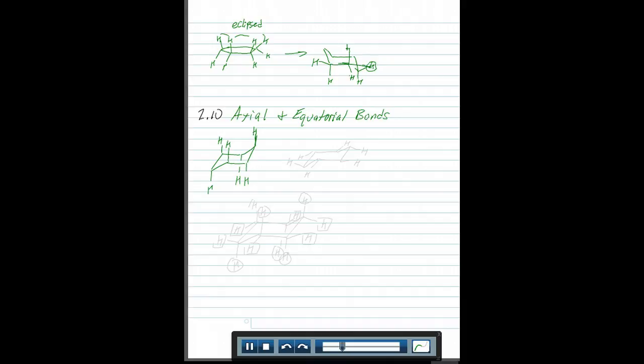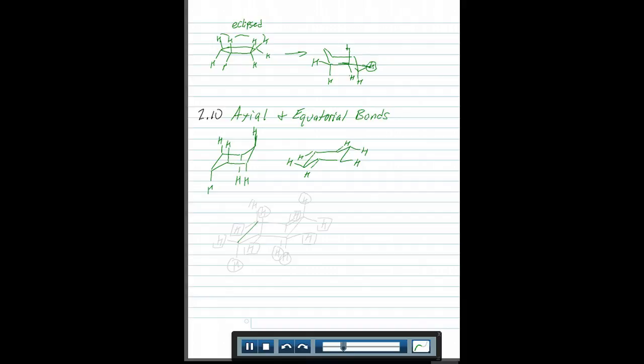These are what's called the axial hydrogens. It's the hydrogens in the axis. They're going straight up and down. Now, if you take the chair conformation and look at the other hydrogens, these hydrogens are in what's called the equatorial position because they're around the equator, hence the name equatorial. So there are two types of hydrogens, axial and equatorial.